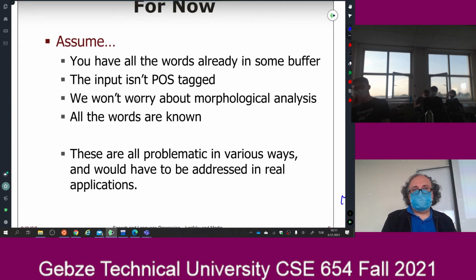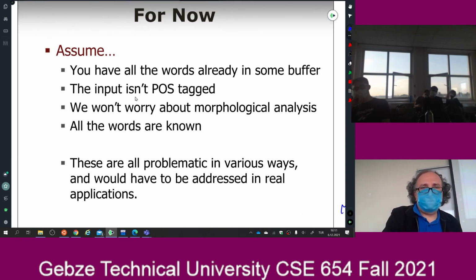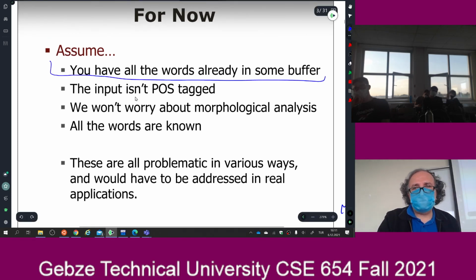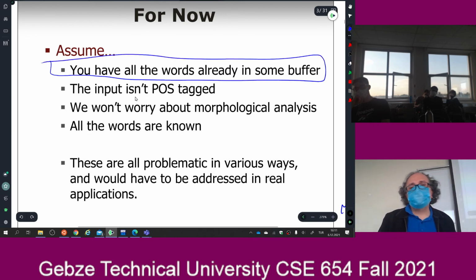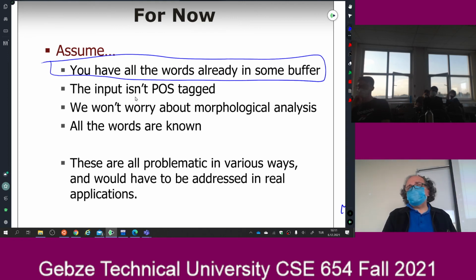And these will be the assumptions. We already have the words in some buffer. What does that mean? We don't start parsing before seeing the whole sentence. Humans don't work that way. When we talk, we say the words in groups, but we don't say the whole sentence before you start processing.